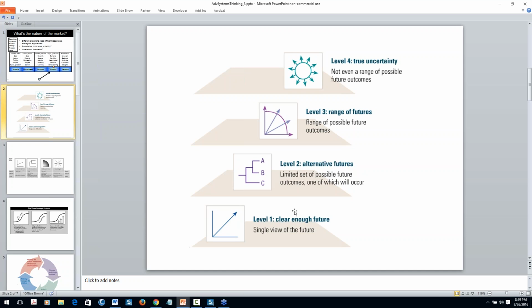A level 2 degree of complexity is one in which we can see that there are a defined limited set of possible future outcomes, and only one of those is going to occur, like a set of mutually exclusive possible scenarios.